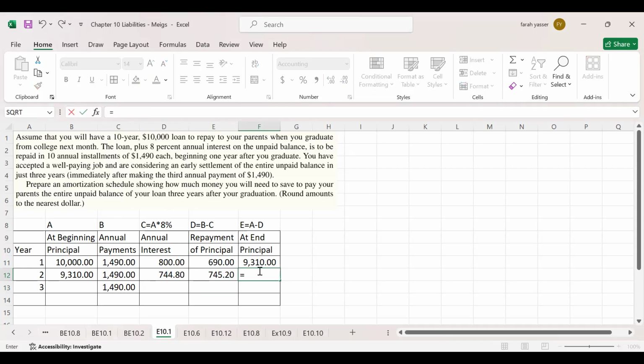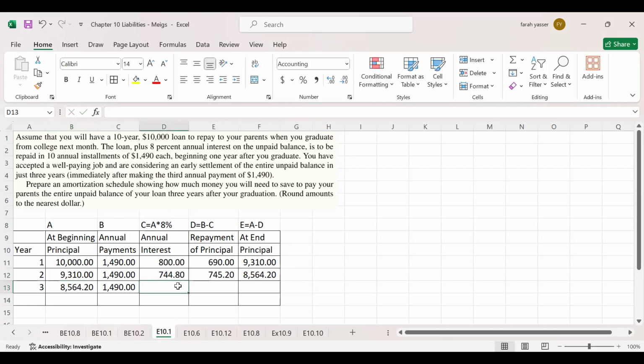So now we are going to calculate the ending balance of the principal. The starting balance is 9310. We will deduct the repayment of the principal, which is 745.20. So this is the ending balance of principal at the end of year 2, which will be the opening balance at the start of year 3, which is 8,564.2.